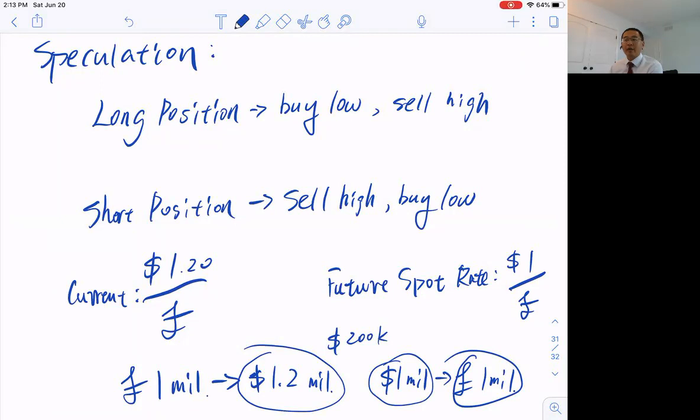So you borrow it now, sell it at a high price, make a lot of money, wait till that stock crashes, buy the same number of shares back with fewer dollars, give the stocks back to the broker, you keep the difference, right? Because you sold for a lot more money than what you needed to spend to buy it back, right? So that's called a short position.